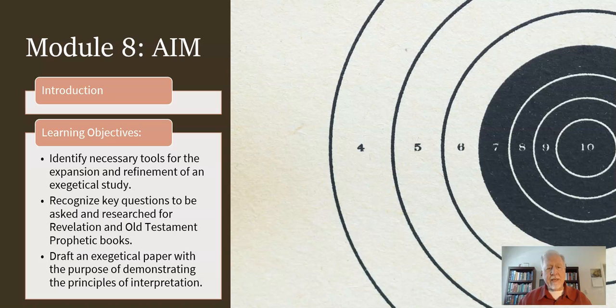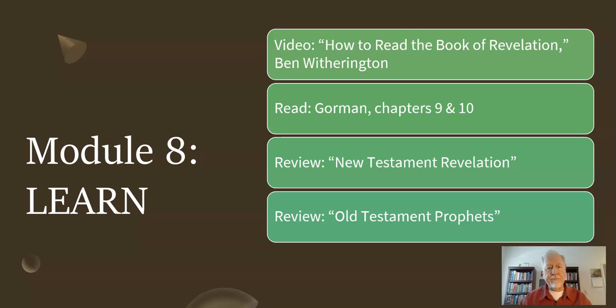Number two, to recognize key questions to be asked and researched for the book of Revelation and for Old Testament prophetic books, and you'll have a couple of resources that will help you in that regard. And then number three, to draft an exegetical paper with the purpose of demonstrating the principles of interpretation. So it puts into practice the various ideas that you have been learning, reading about, and utilizing in this class into one final project.